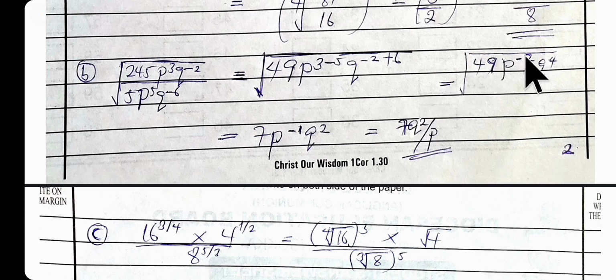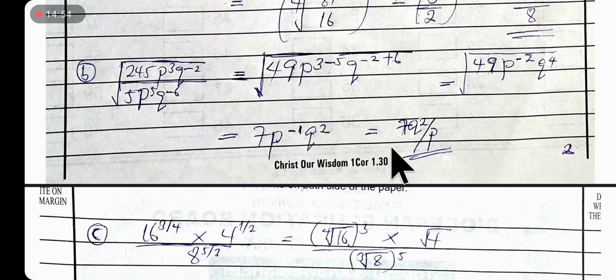Square root of this P raised to the power minus 2, the square root will cancel the 2. We are left with minus 1. Then you have square root of 4, Q raised to the power 4 is going to be Q square.